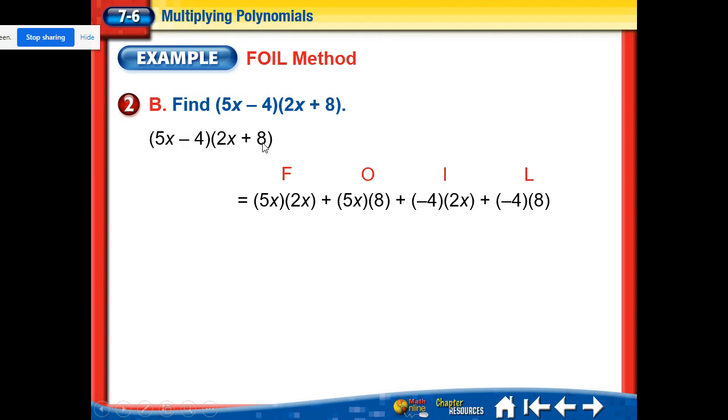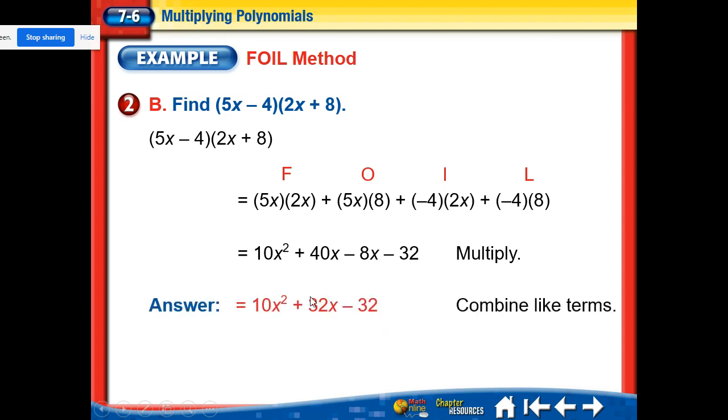And then negative 4 with the 8 is last. Just a way to remember which ones go together, but it's double distributed. It's that 5x times both of these, and then the negative 4 times both of those. And then writing it out, you get the 10x squared, 40x, negative 8x, and negative 32. Add the like terms from the middle, and we get 10x squared plus 32x minus 32.